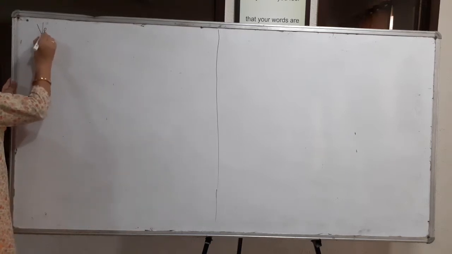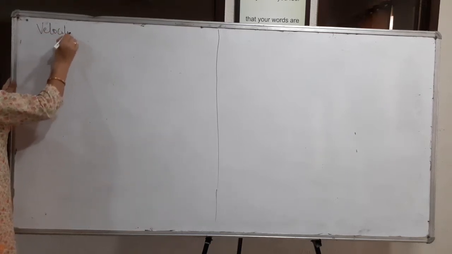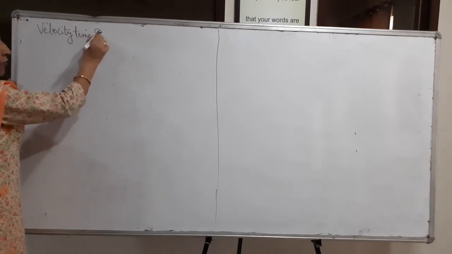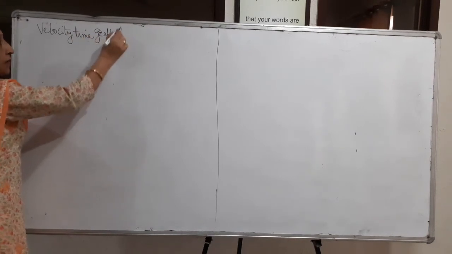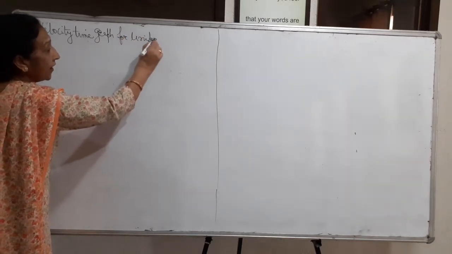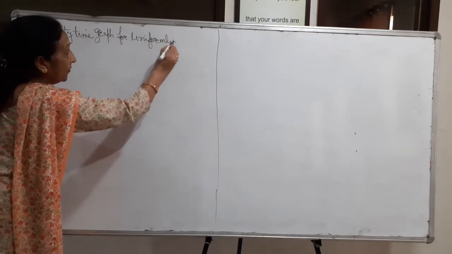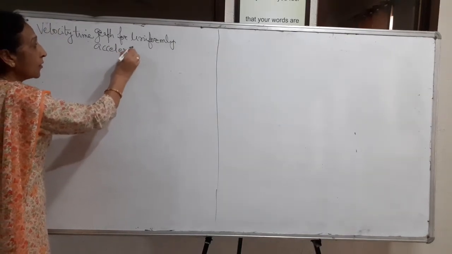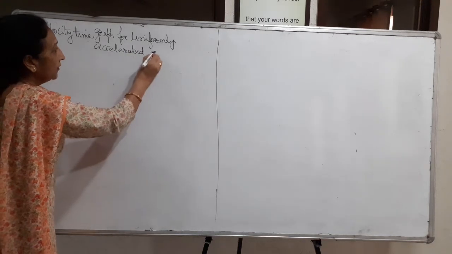We want to discuss the velocity time graph for uniformly accelerated motion. Uniformly accelerated motion means the body is possessing constant acceleration.